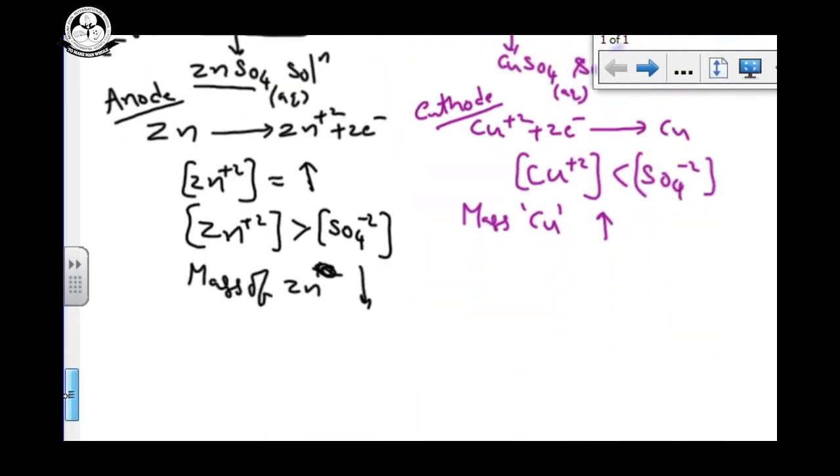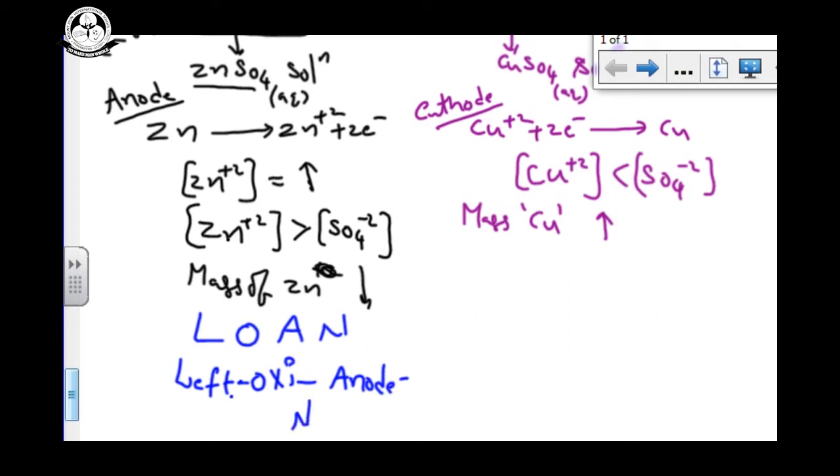So simply, how can we memorize? This is LOAN. LOAN stands for left hand side oxidation, anode, negative.